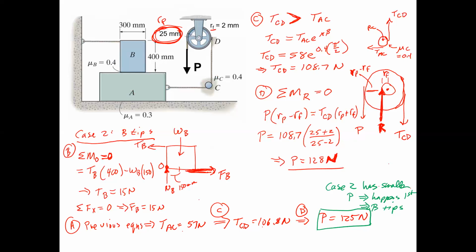So the assumption is that we're slowly increasing P from 0, right? And as we do, we're going to cross a couple points here. And one of the points is when P gets to 125 newtons, the box is going to tip over.